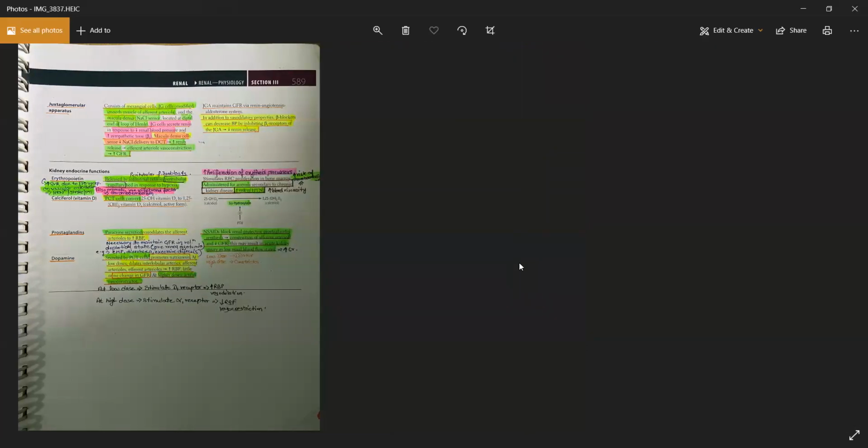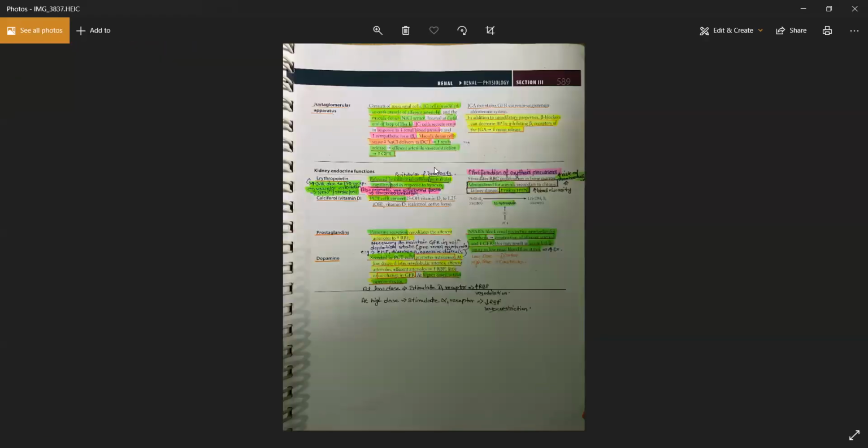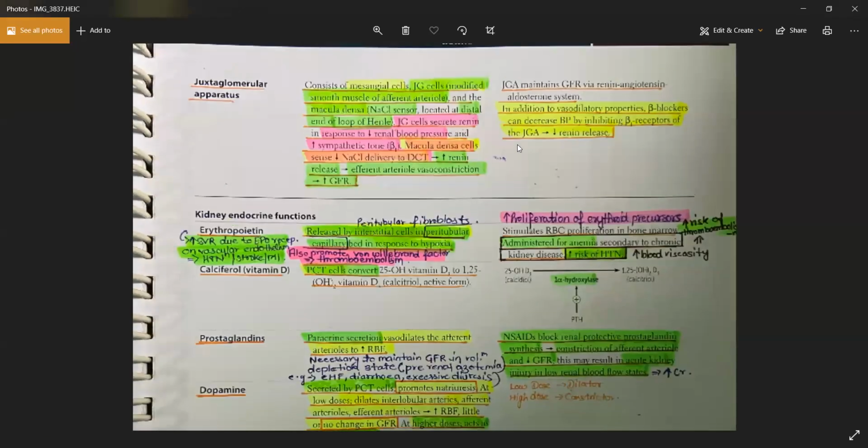Then that's about my JG apparatus. We have discussed it already. You have the mesangial cells, the macula densa cells, and the JG cells. JG cells, beta receptors; afferent arterioles, baroreceptors; and the macula densa cells, sodium delivery. And that's why the beta blockers, the cardioselective ones especially, have these beta 1 receptors on them, right?